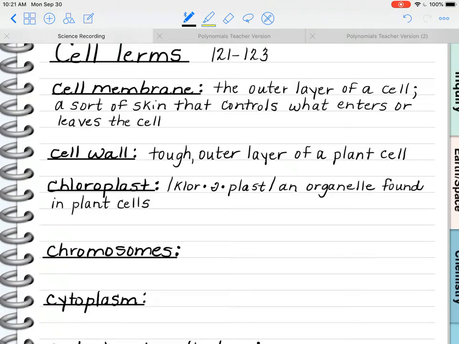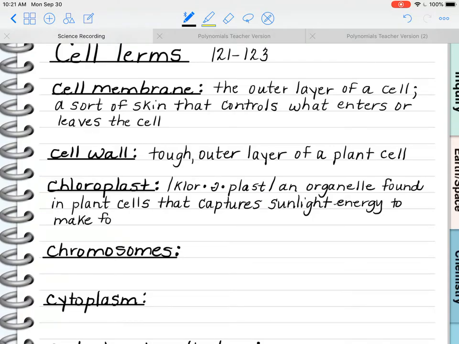And here's why. It captures sunlight energy to make food for the plant cell.